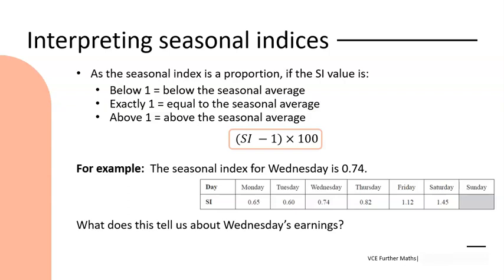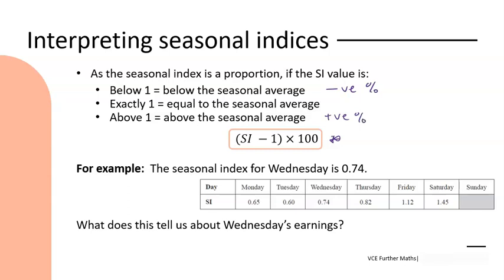I tend to use this little formula, where I take the index and turn it into a percentage. If I get a negative percentage value, that tells me the index is below average. If I get equal to 1, obviously still the same. And if I get a positive percentage, then I am above average.